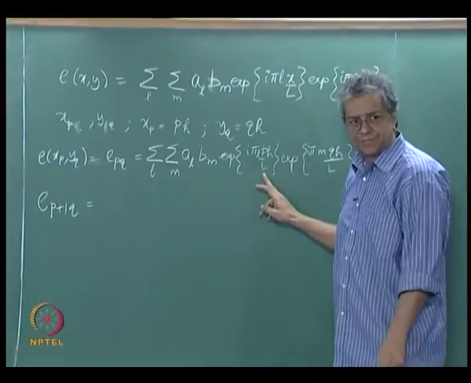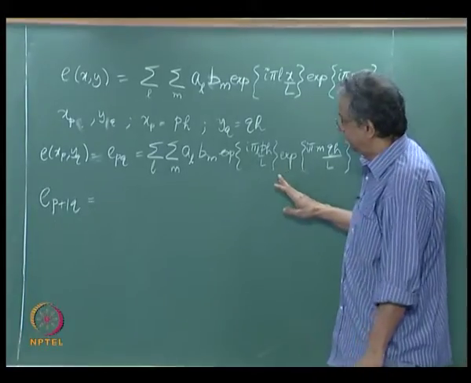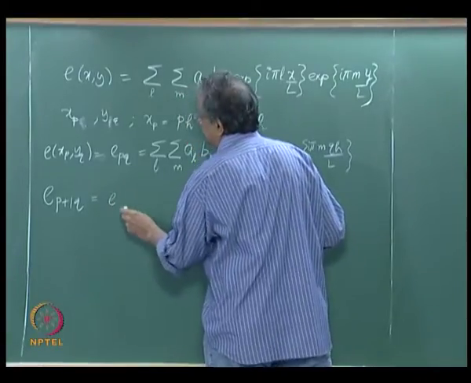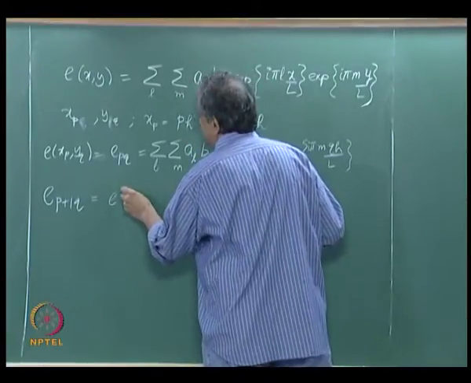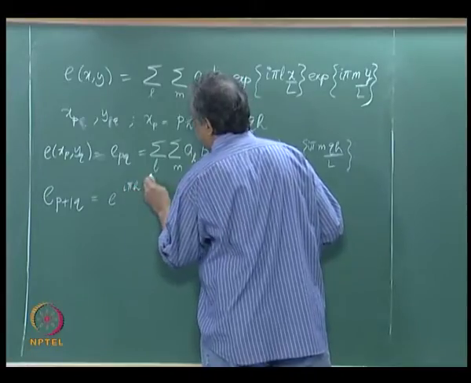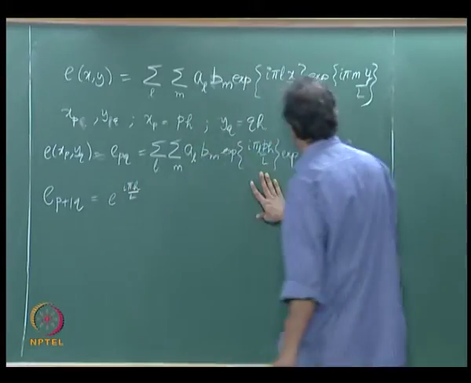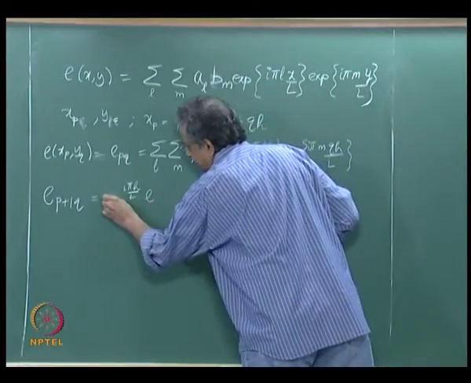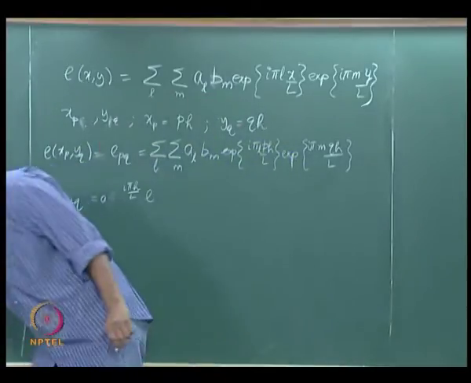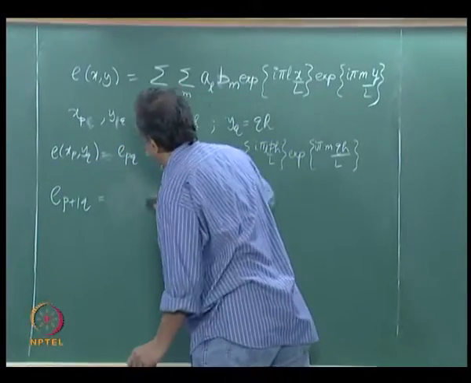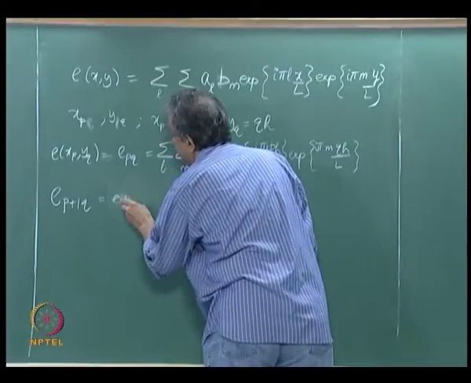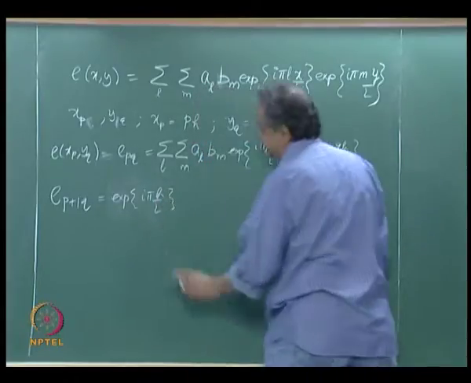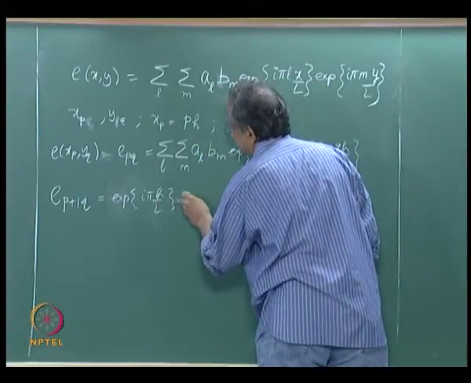The difference will only be an e power i pi h by L factor, you can work that out. So e_(p+1)q turns out to be exponent i pi l h by L times e_pq.